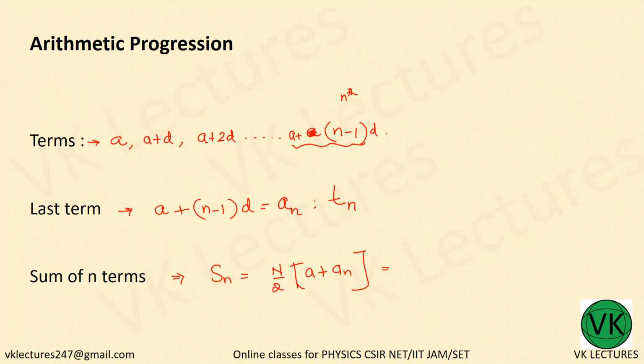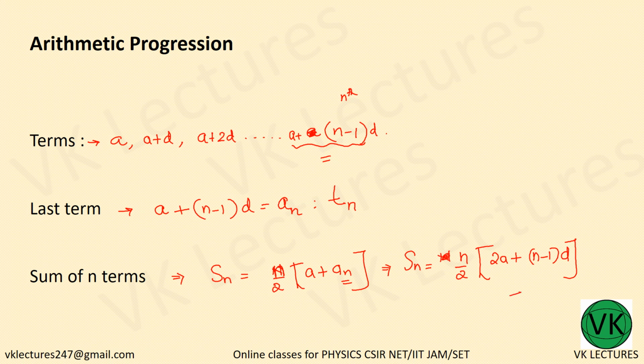Another formula is also there: rearrange an, meaning write what an is here. You will get Sn equal to n by 2 times 2a plus n minus 1 into d, where this is small n, the number of terms.